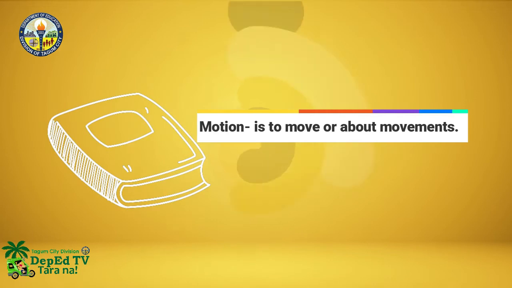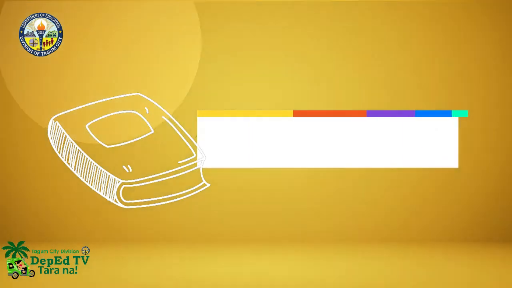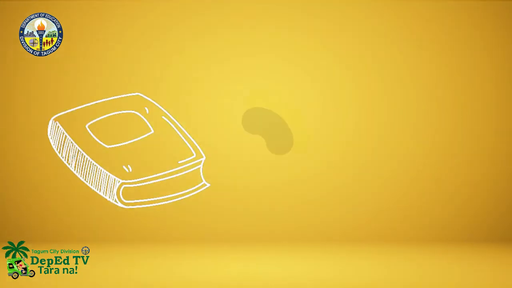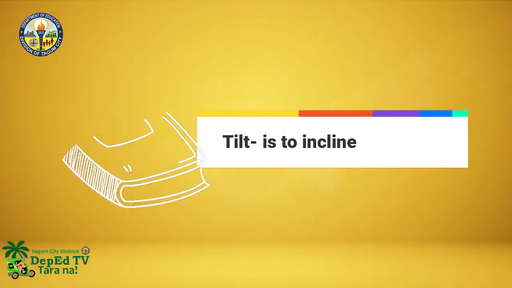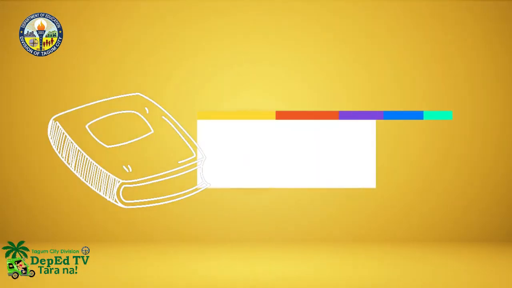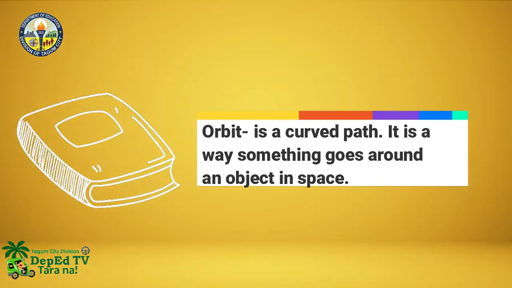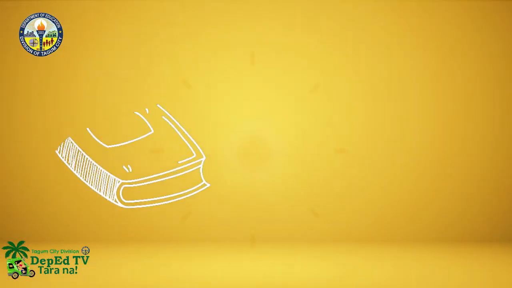Motion. Motion means to move, or it is about movements. Axis. Axis is an invisible line about which an object rotates or spins. Tilt. Tilt means to incline. Orbit. Orbit is a curved path. It is a way something goes around an object in space.